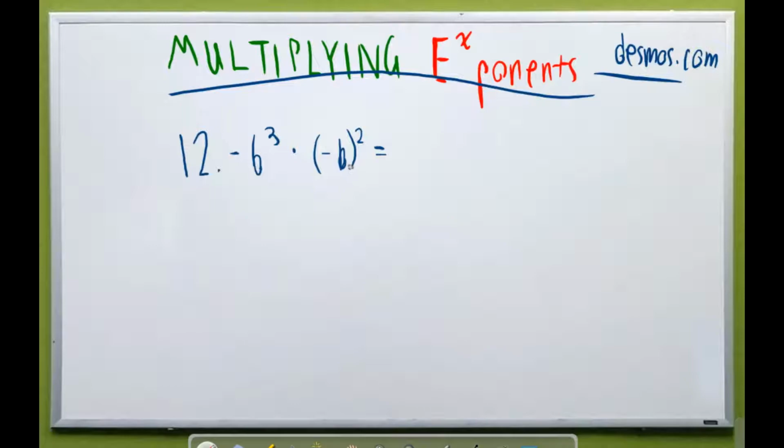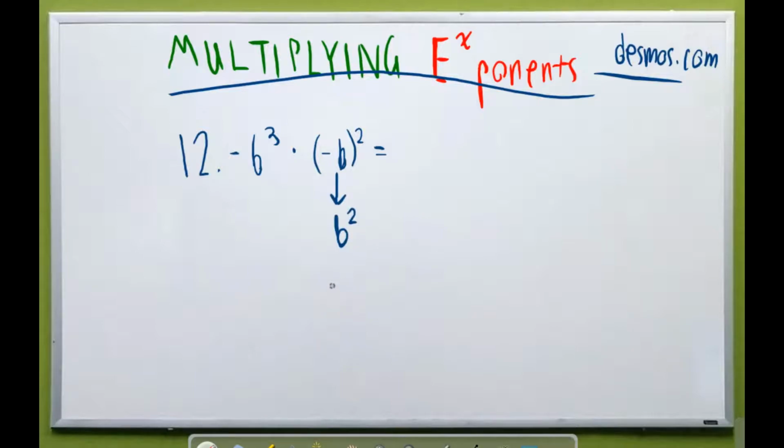Now, if we have parentheses and a negative inside, and we have an exponent that's an even power, then the inside becomes positive. So this is going to turn into b squared.